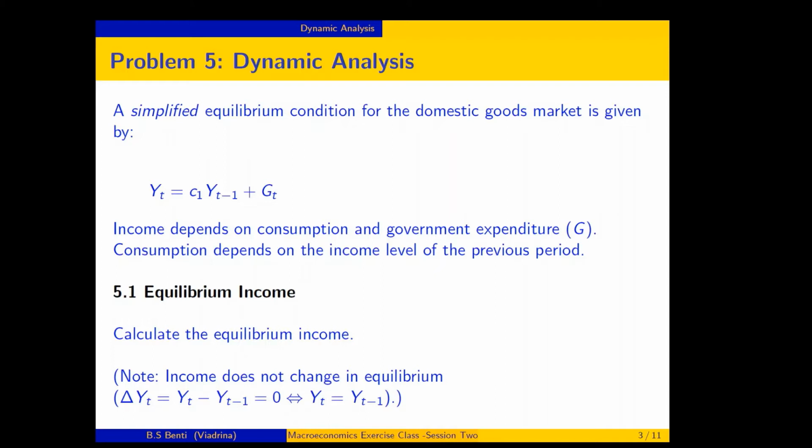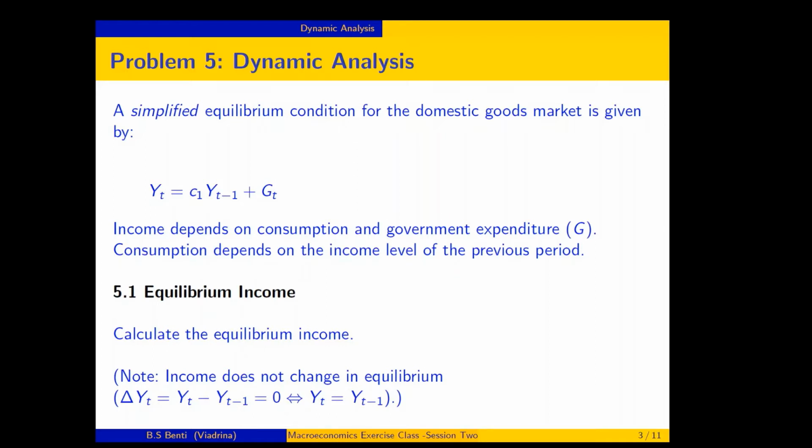So income depends on consumption and government expenditure, and the consumption depends on the income level of the previous period t minus 1. So households are consuming their income from previous period yt minus 1 with the given marginal propensity to consume C1 plus our government expenditure G at time t would give us the income level at the time period t.